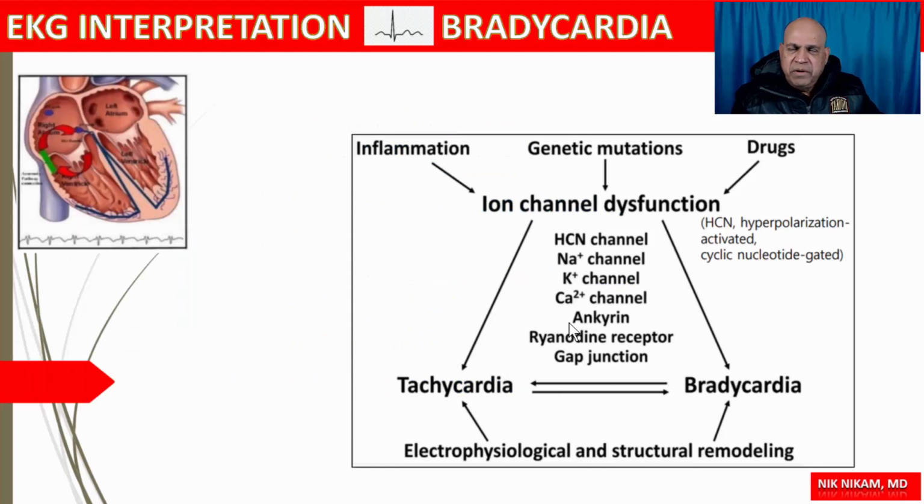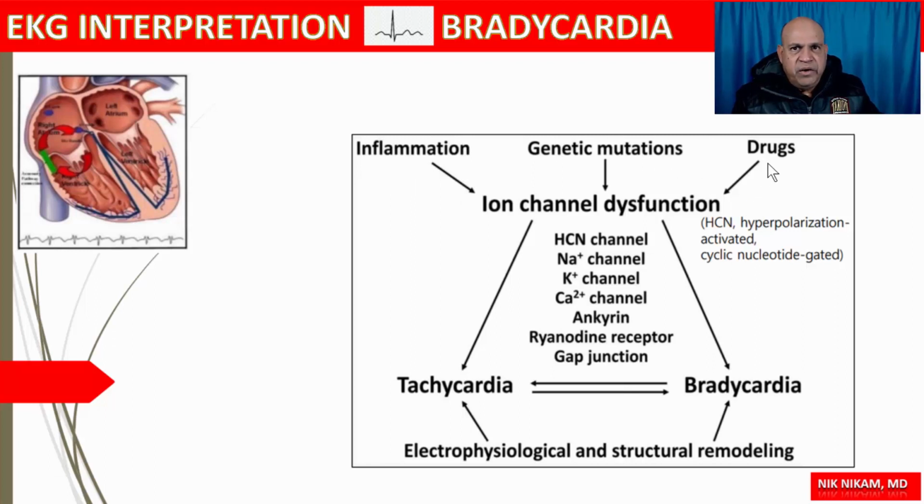Most of the time, bradycardia is related to disease involving the conduction system at various levels. It could be, as I told you before, at the sinus level, it could be at the atrial connections, it could be at the AV node. A lot of times they are related to inflammation, genetic mutations, and very often they are related to drugs.